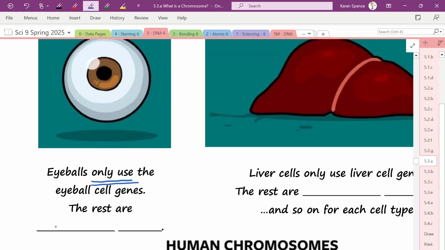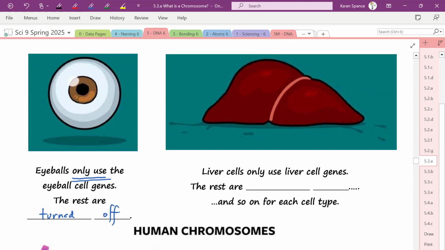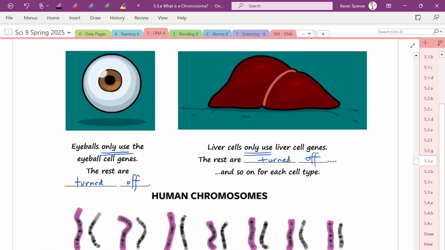The rest are turned off. Liver cells, even though they've got the eyeball cell genes in them, they only use the liver cell genes. The rest are turned off, and so on, so forth for each different type of tissue and type of cell.